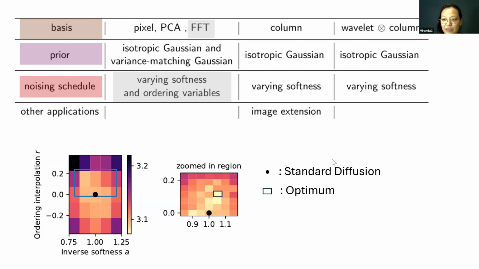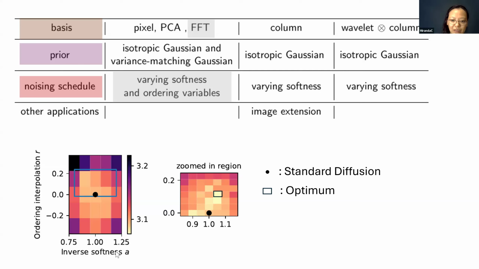Yeah. Okay. All right, so here we see an experiment done in the Fourier space. We take a two-dimensional slice from the space of possible schedules.